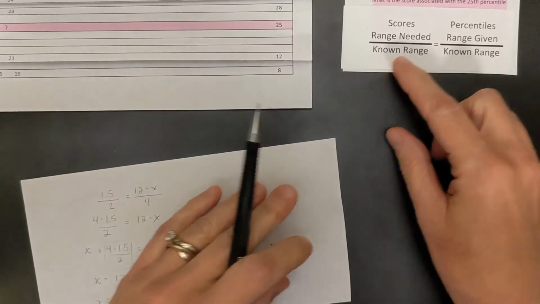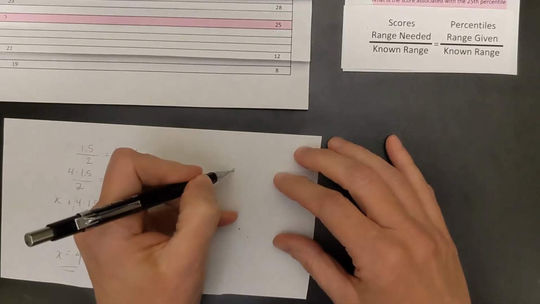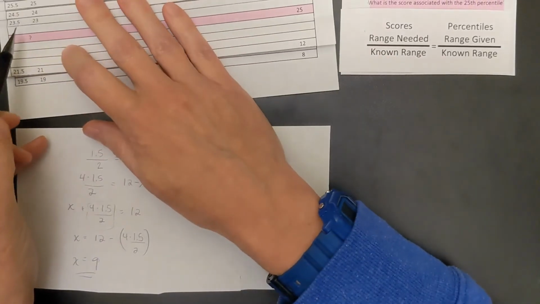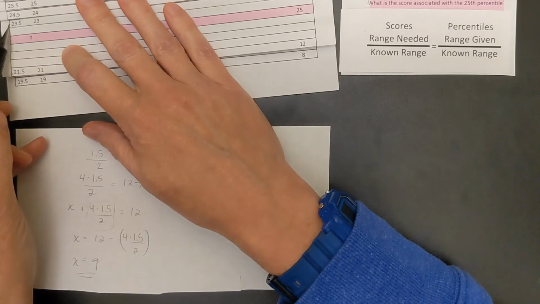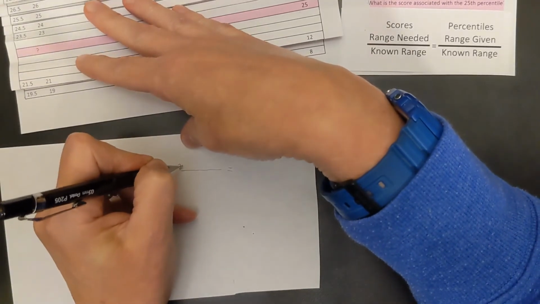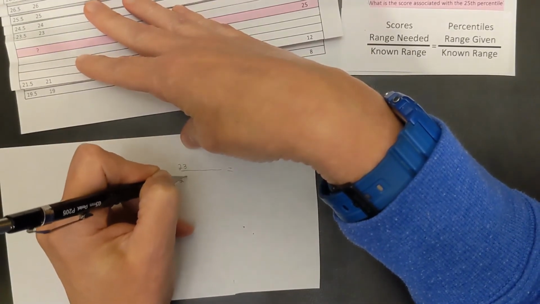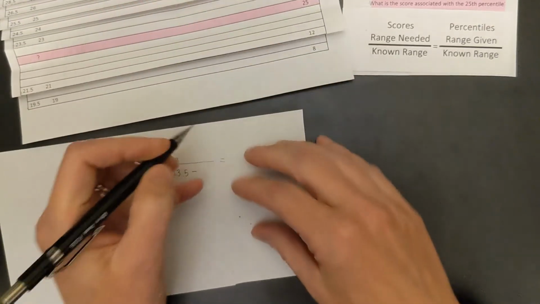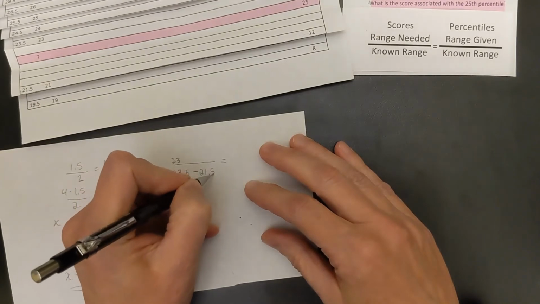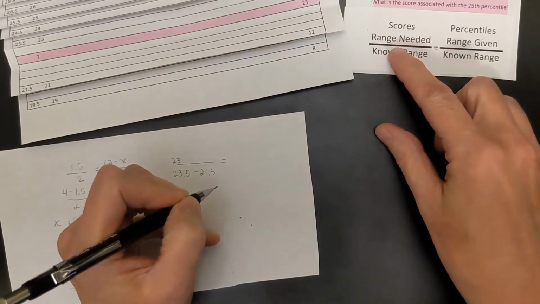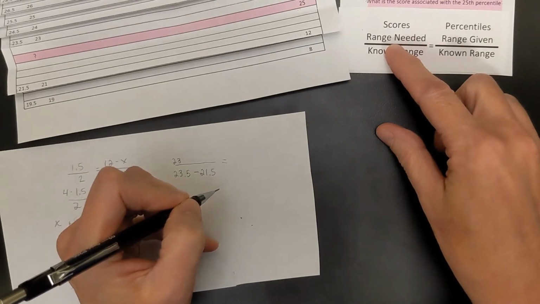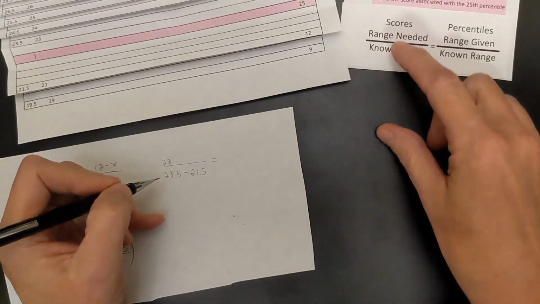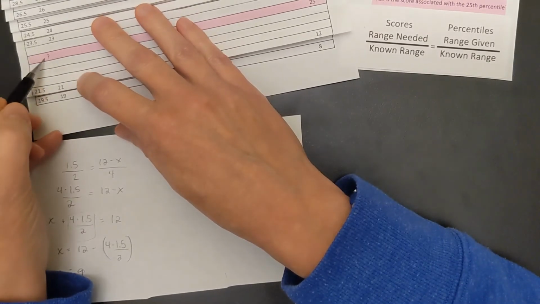So the known range on the score side is what? It's 23.5 because we're using the upper real limits, minus 21.5. We'll do the range needed last, well, we can do it now. The range needed is from here to here.